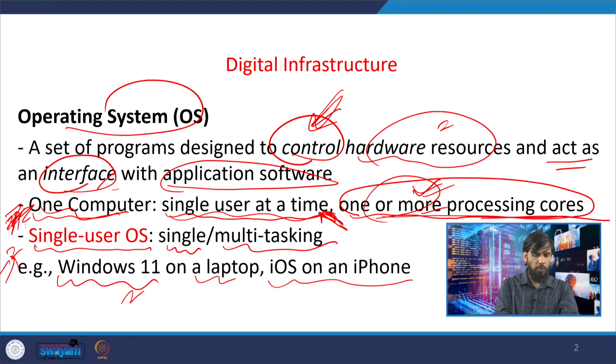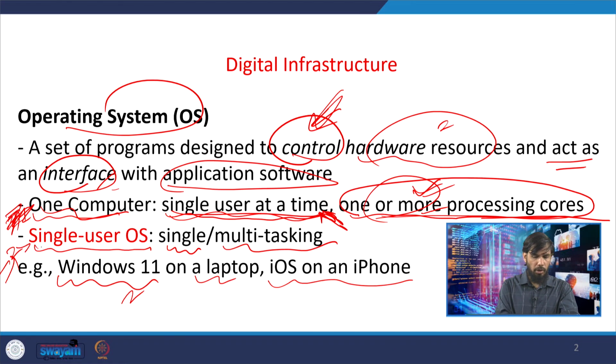The earlier case, one computer, was a single user at a time, which means many different users might be using that one computer. So, that is the one computer scenario, single user at a time. It could be any one of those many different users who could be using that computer, and the operating system will cater to that scenario.